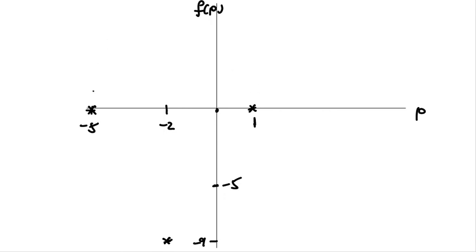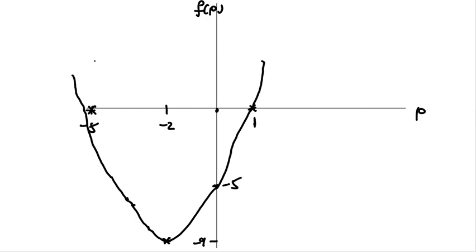If you join all these points slowly to get a good drawing, then you can get something like this, more or less like this. Here, as you can see, this is a quadratic function.